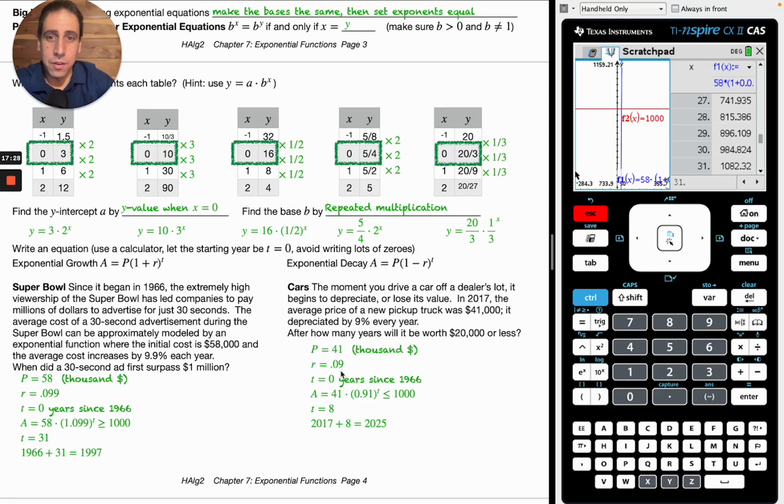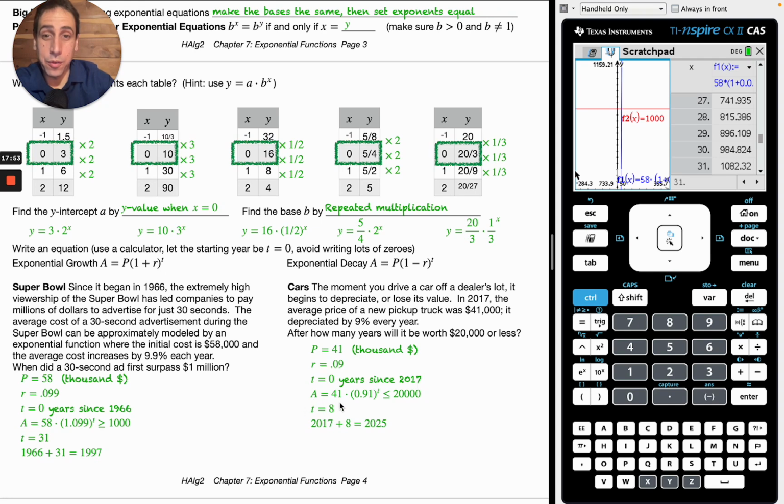The rate that it depreciates is 0.09. That's 9% written as a decimal. And you can see we're going to be subtracting. 1 minus 0.09 is 0.91. T is going to be 0 in 2017, so T is going to be years since 2017.